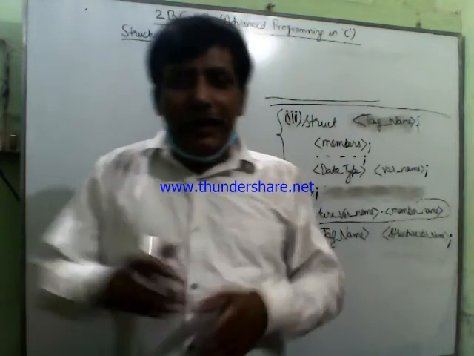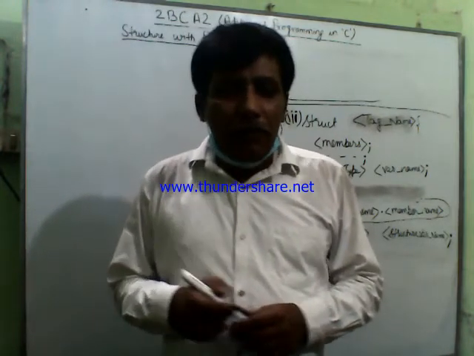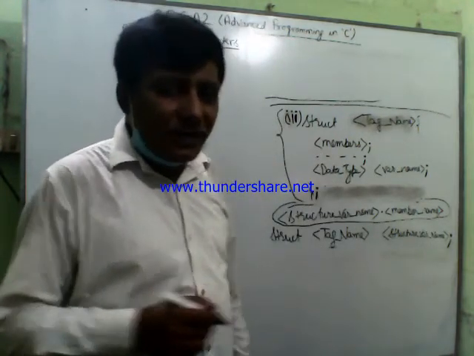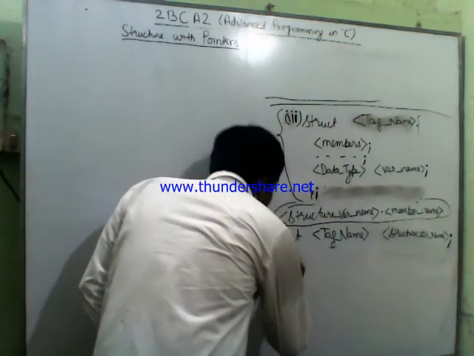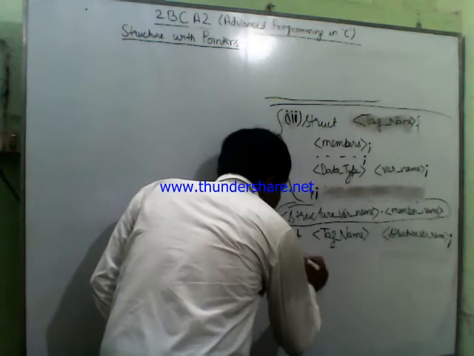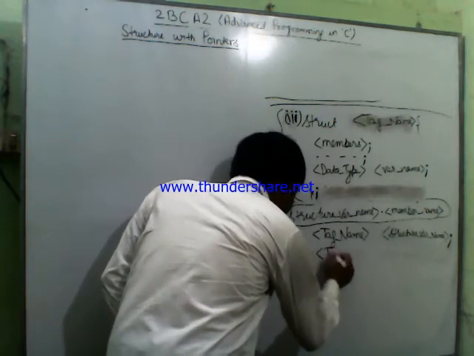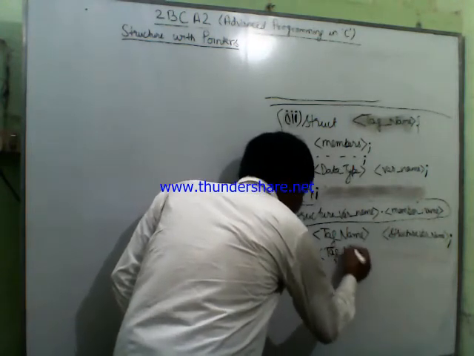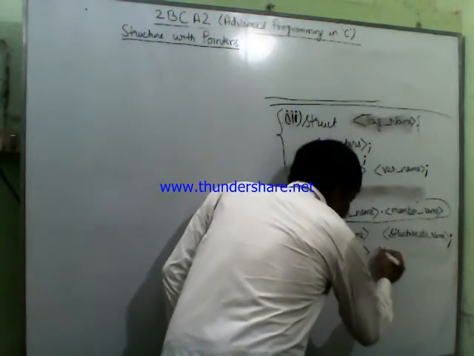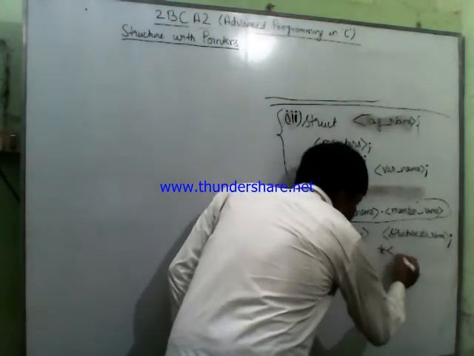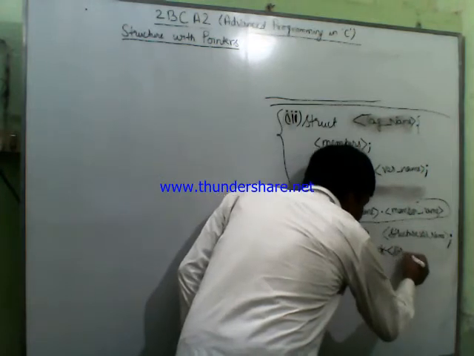And to declare a structure pointer in the program, you have to use a syntax that I am going to put on the board here. A struct tag name, dereference operator, then an identifier name.